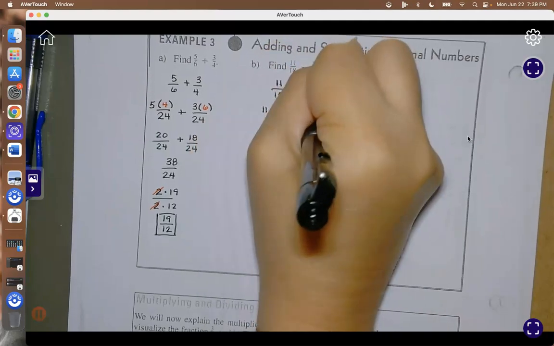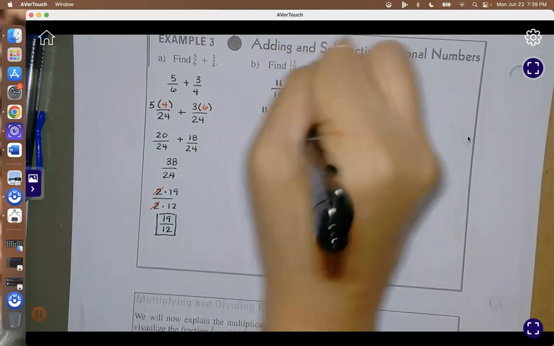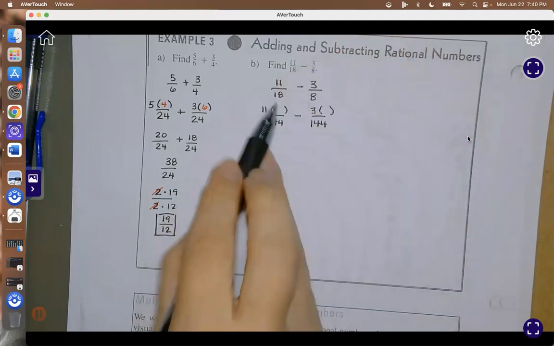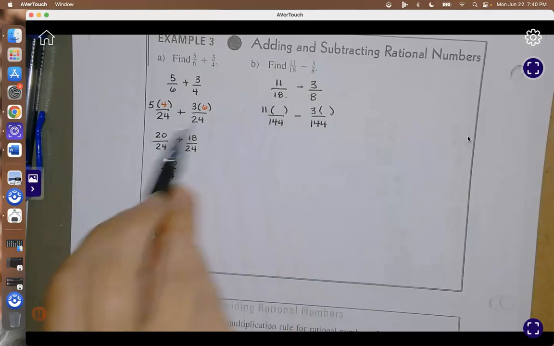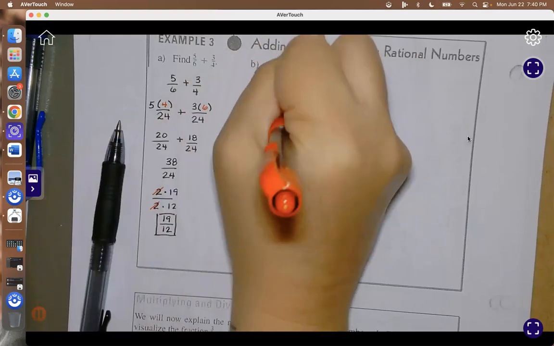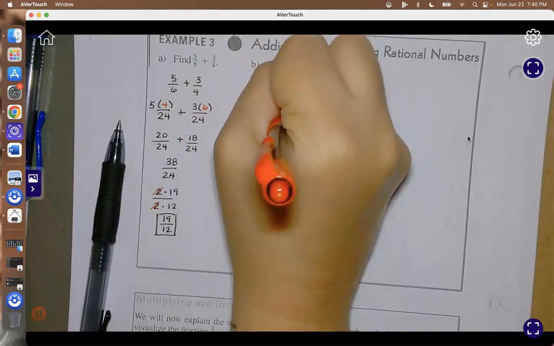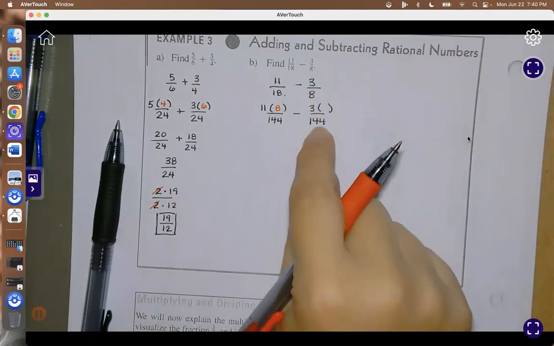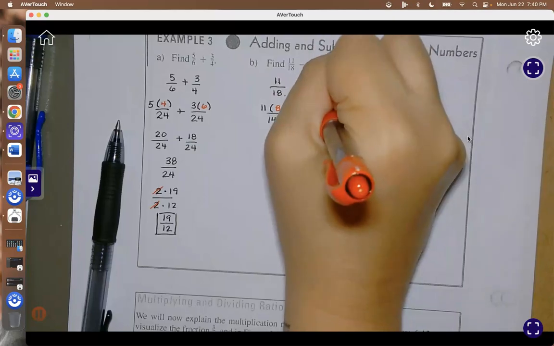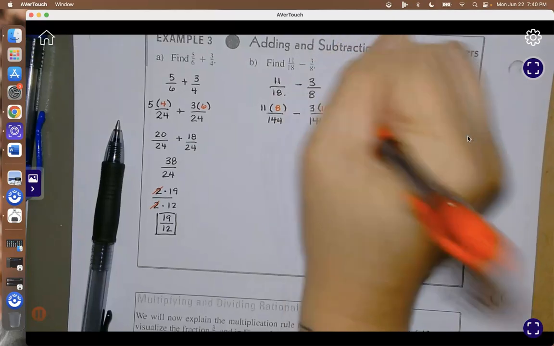So we multiplied by stuff. We multiplied 18 times 8 to get 144. So we're like, okay, if you multiplied the bottom by 8, the top wants to be multiplied by 8. Here, 8 times 18 gives you the 144. So you're going to multiply that there.